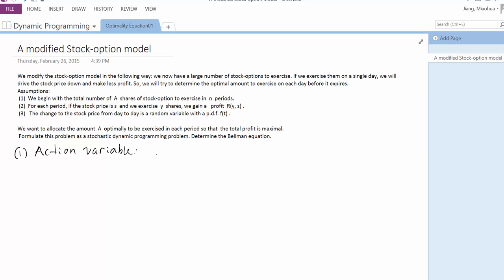And we know that this is a dynamic programming problem, so we usually have n stages: 1, 2, 3, and n stages. We have the total amount A over here, and we want to allocate y1 for the first one, possibly y2 for the second one, and y3, and yn for the last one.